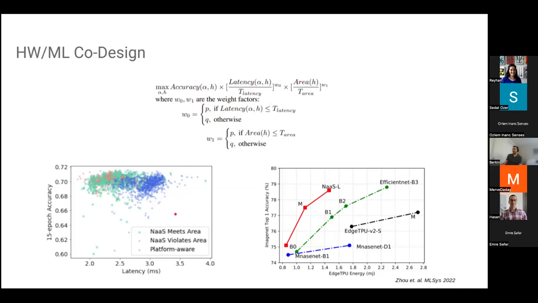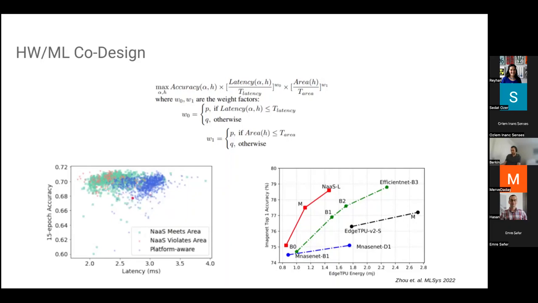The question is, if we start from the same area budget as the original accelerator, but we have a task and the freedom to change the accelerator's architecture, can we do better in terms of model accuracy and hardware area compared to the original design? And in fact, this is showing quite interesting results.